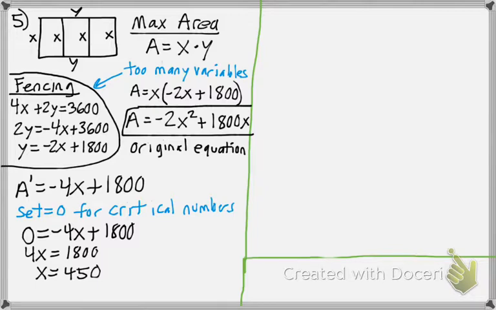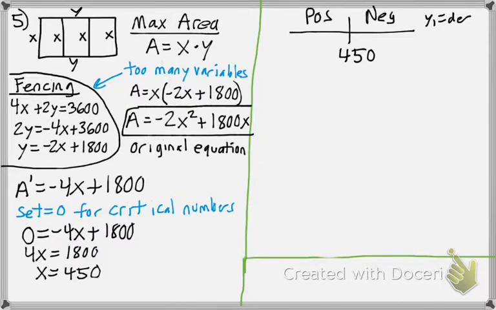Now again, before we use this for our answer, we do need to prove that it actually is a maximum. So if you put this on the number line and set y1 equal to the derivative and put in some test points, then you should get a positive number here and a negative number here, which means that we have proven that this is a max.